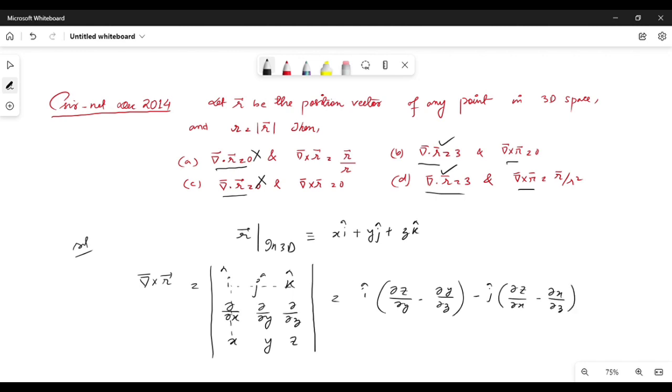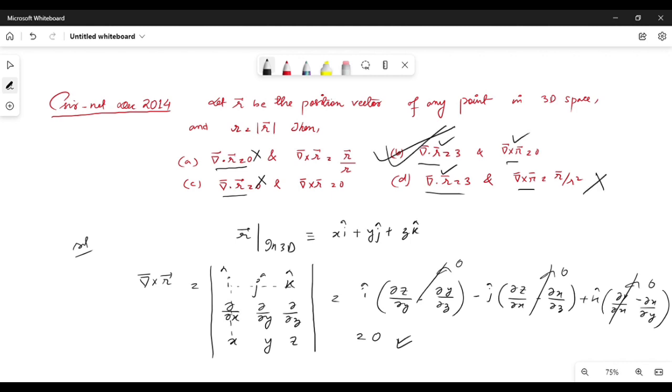Then it would be plus k cap, del y by del x minus del x by del y. So you may see this is 0, this is 0, and this is 0. That means del cross r is 0. So I'm sure that option B is the correct option.